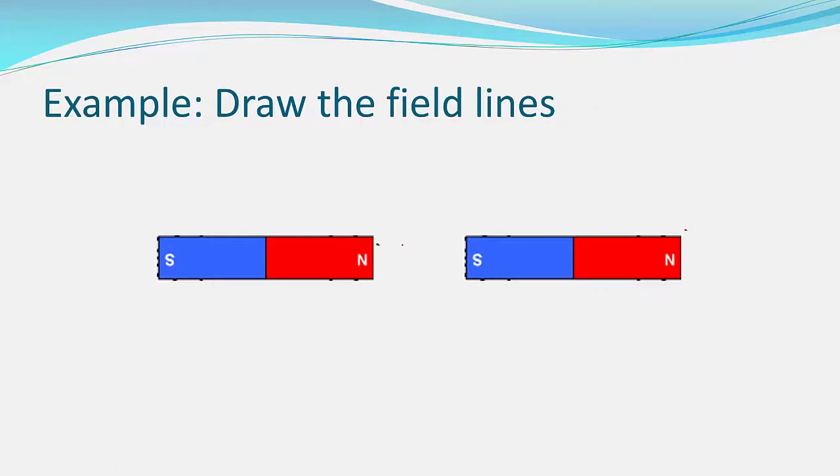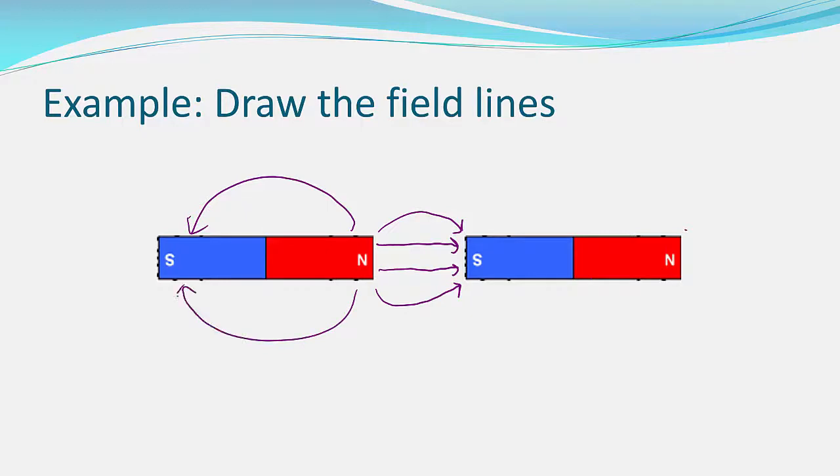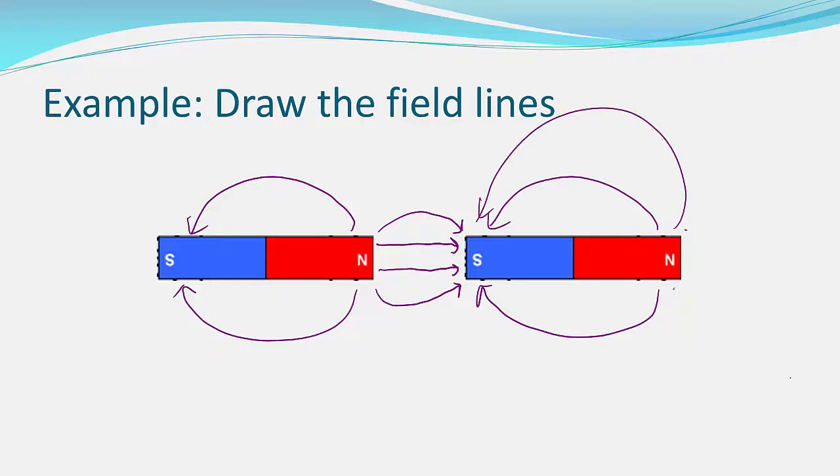So I think it's important you first start by showing that the north is going to the south, and then how this transpires for the rest of the magnet might look like that. And then don't forget that this north will create a field to itself, which means the same thing's happening over here. And then immediately what you notice is that all the lines from north are going to south universally.